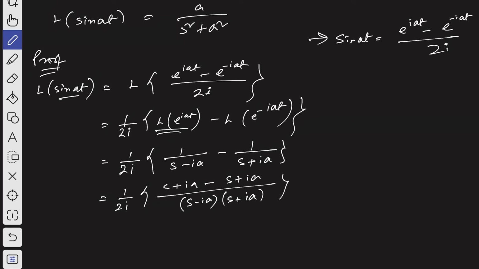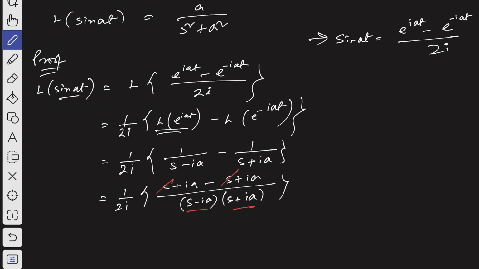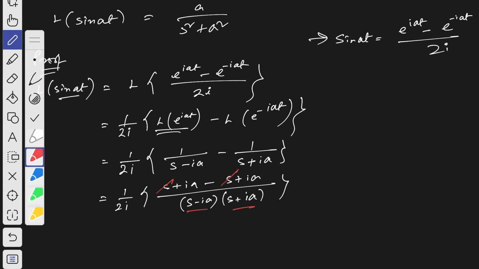That's what you will get, right? So now here the s has gone. If you multiply this out, you know what you will get. It's very simple. I don't think I have to explain it again.